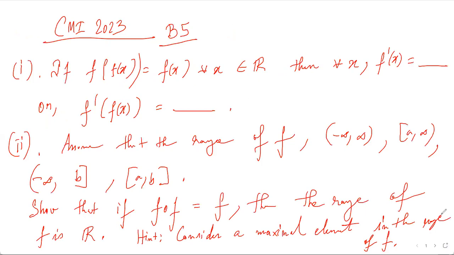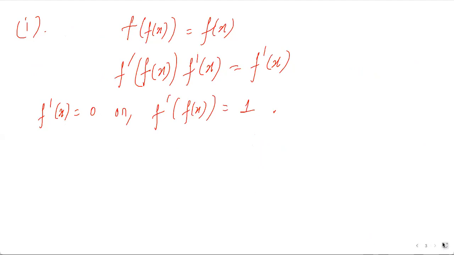Let's go to the second part. It says to consider that the function is not constant and the double compose of f is f. Then we have to show that the range of f is the whole of R. Going to the second part, we'll also use the hint.